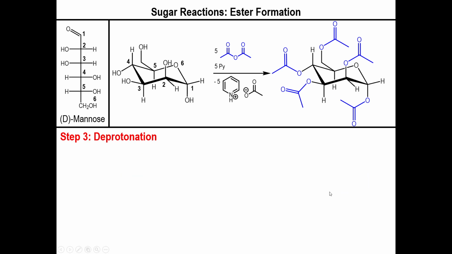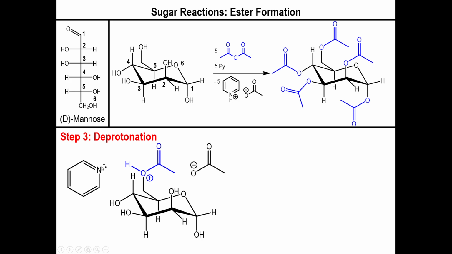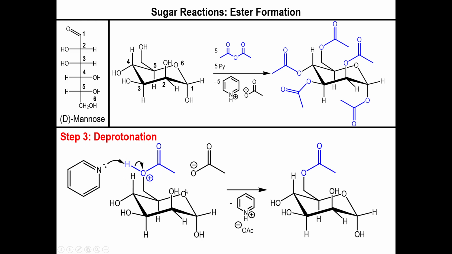Simply what happens now is that the pyridine that you have lingering around removes the proton from your protonated ester, the electrons go back to oxygen, and what that means is that now you have produced an equivalent of pyridinium acetate as a salt byproduct, but you have also acetylated that alcohol position.